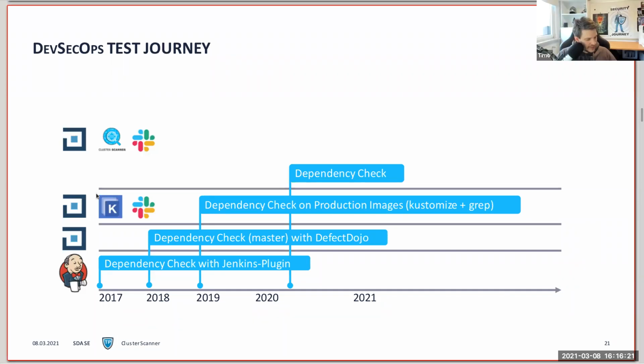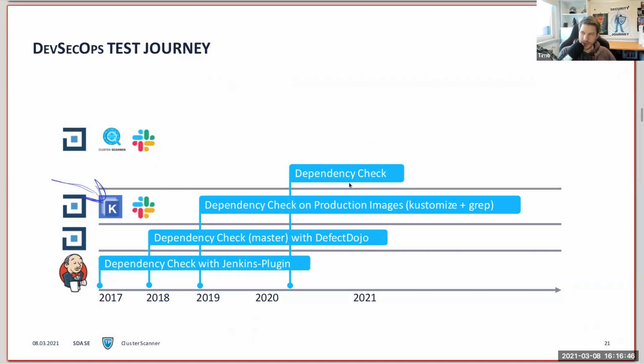Then I identified that customize is something which might change and is not always there. And I had to change it, and that was, I would say, the birth of the cluster scanner. What we have here now is that I run the dependency check on images which are actually in production.